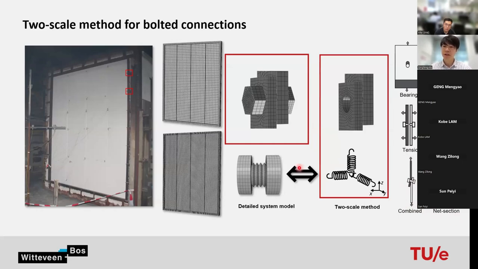So by verifying these failure modes between the two-scale model and the detailed system model, they showed more or less similar behavior under different loading conditions. So in this way, I more or less verified the two-scale method with the detailed system model.